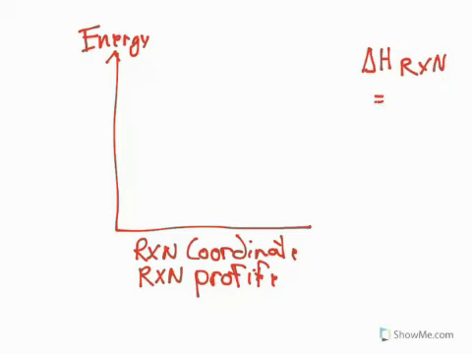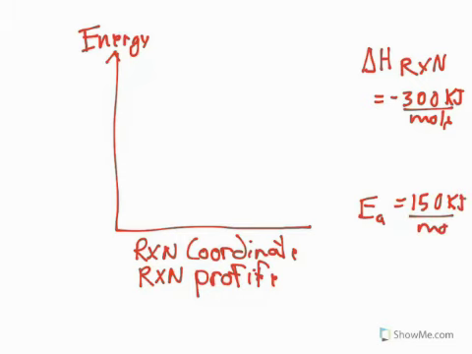Delta H of the reaction equals, say, negative 300. And you've determined, let's put units, kilojoules per mole. And you've determined the activation energy to be 150 kilojoules per mole. And we want you to make a diagram like I've drawn. So I'll put my reactants here, label them reactants.